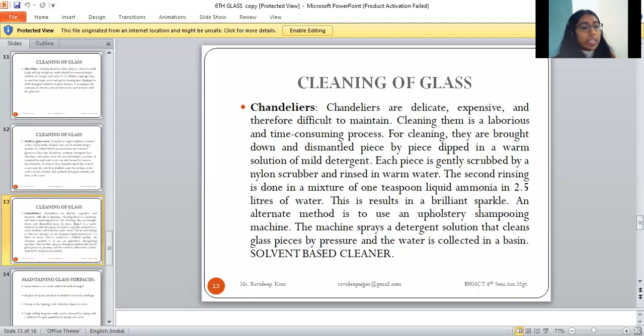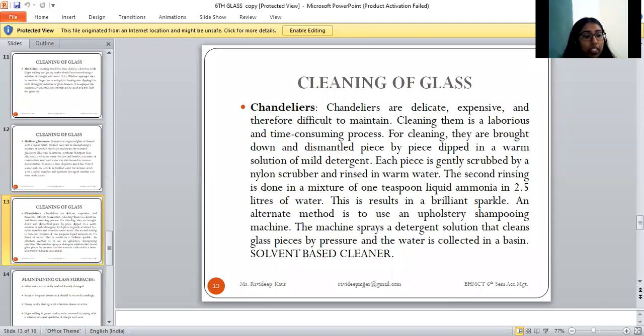Each piece is gently scrubbed with a nylon scrubber and rinsed with warm water. So after dipping it into the mild detergent, we scrub the different parts of the chandelier with the nylon scrubber, and at last we rinse it with warm water.